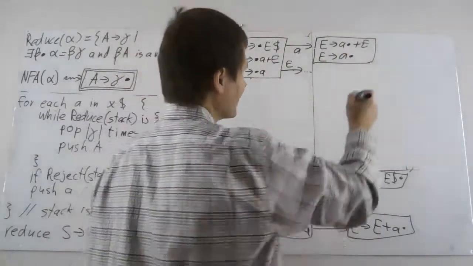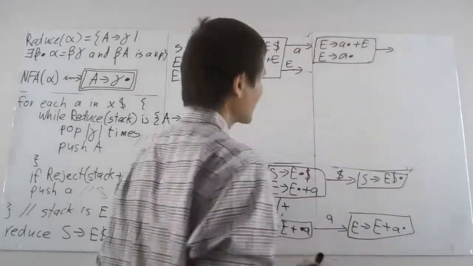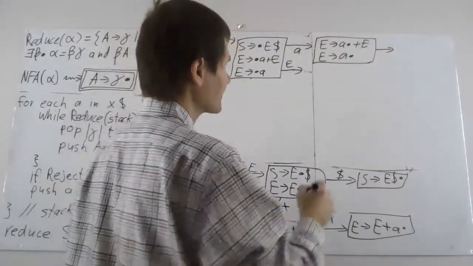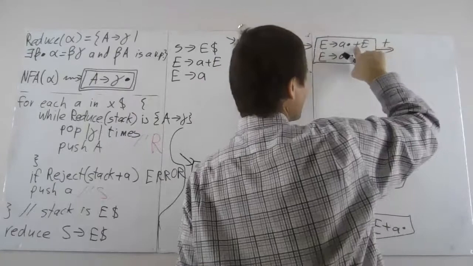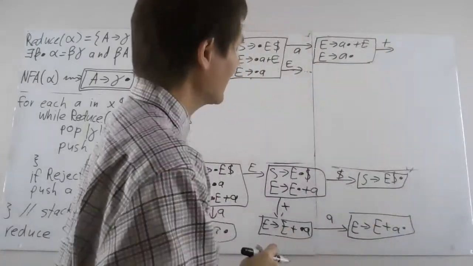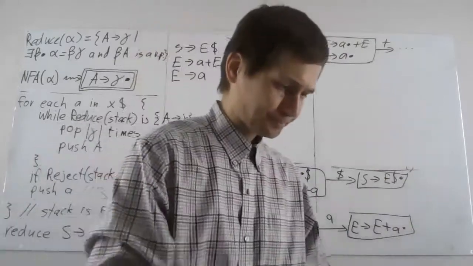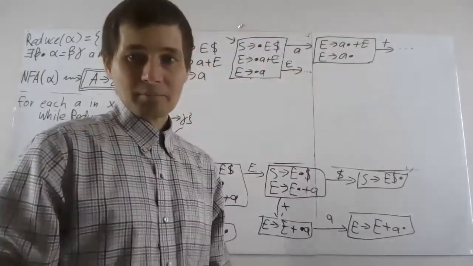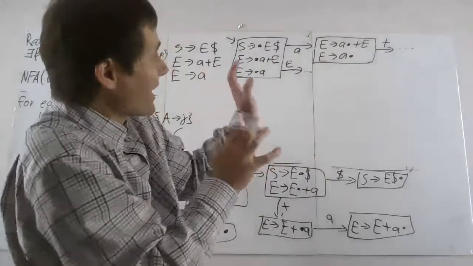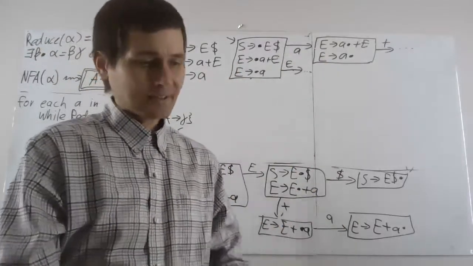Now, there's going to be more things out here. Specifically, there's going to be a transition out on the plus, and there's going to be more stuff there. I haven't built the whole DFA yet.